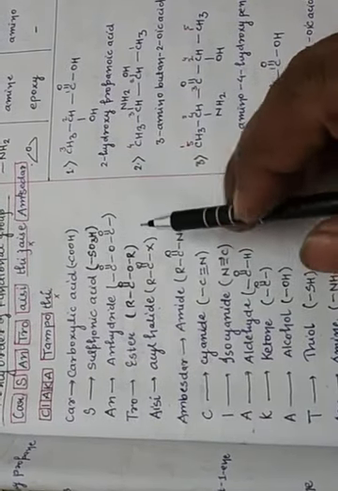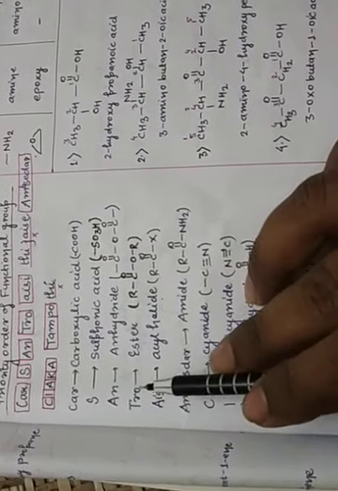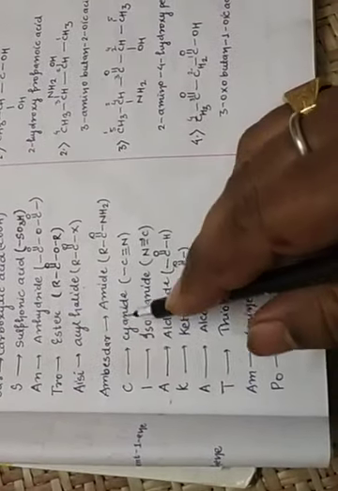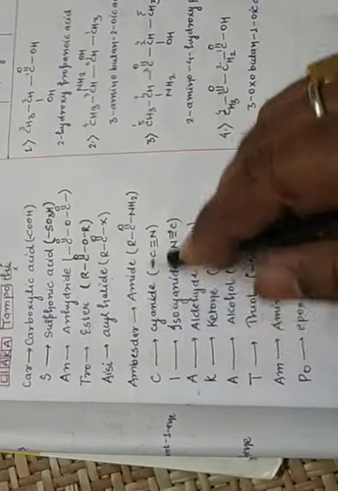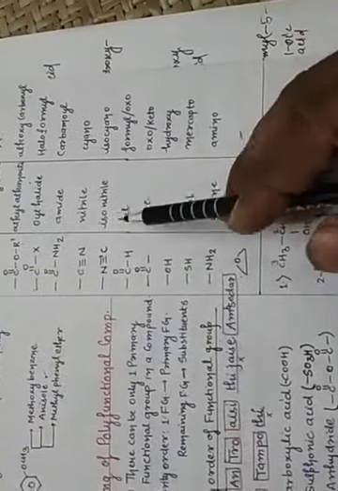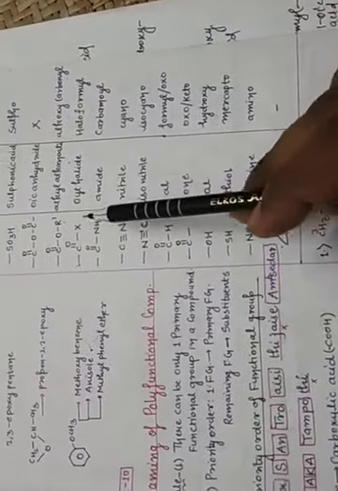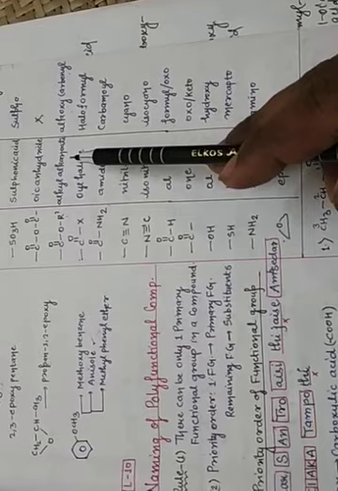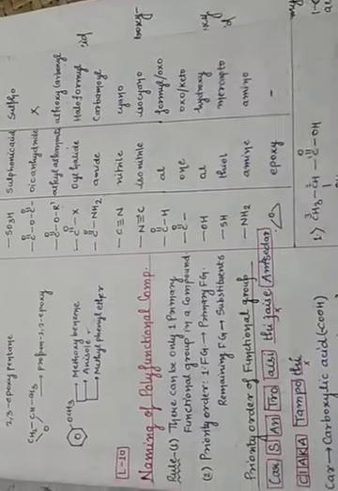Just check again. Ester is first, and then after, cyanide is the second. So this is the prefix and this is the suffix. So what is the suffix of ester? Alkyl alkanoate.